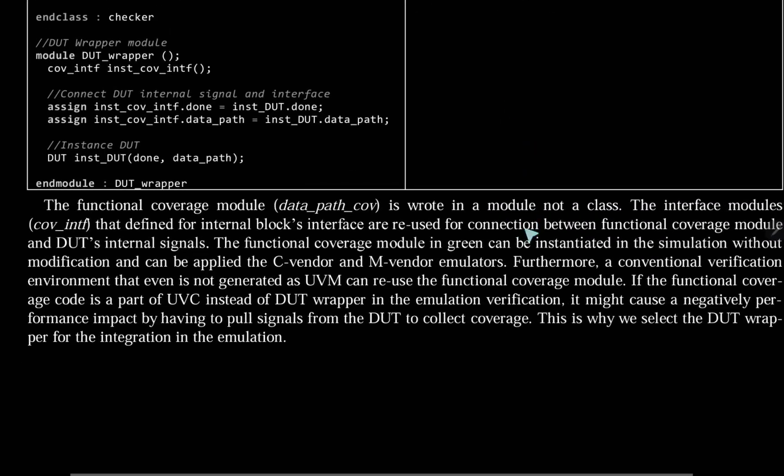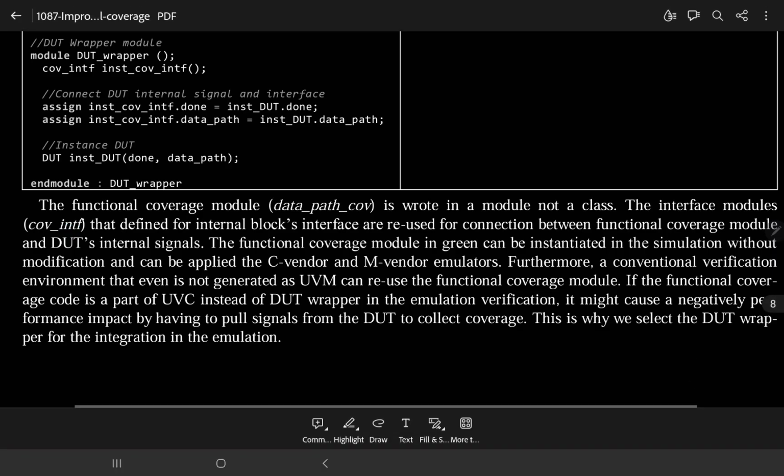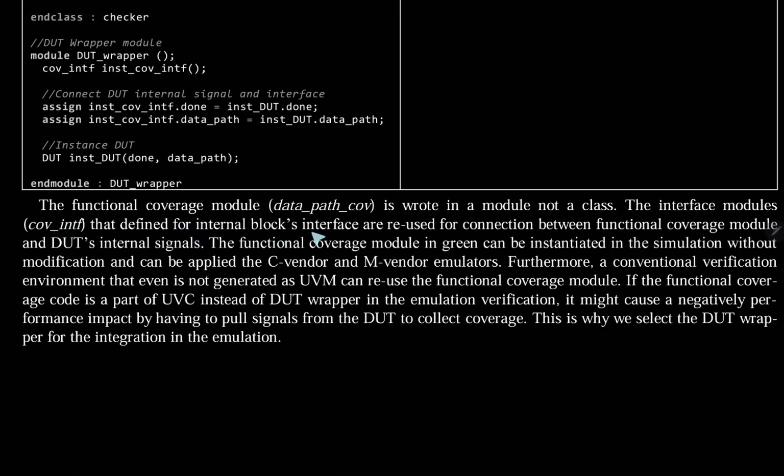The functional coverage module data_path_curve is written in a module, not a class. It's written in a module but not a class. The interface modules, curve_inf, are defined. The internal block interfaces are used for connection between the functional coverage module and the DUT's internal signals.